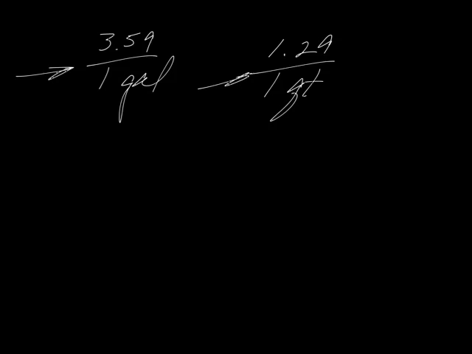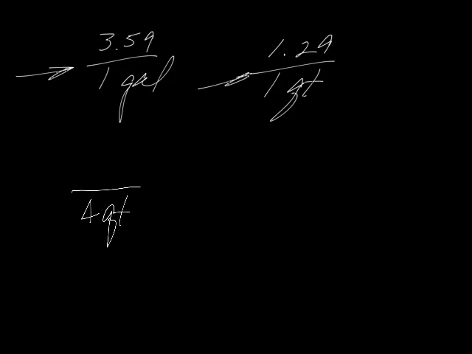So in order to find out the best deal, I'm going to have to do some fiddling around with the numbers that I've got. I'm going to have to change either quarts to gallons or gallons to quarts. For example, I know that there are four quarts to 1 gallon. So I'm going to change this 1 gallon over here to 4 quarts, because that's the same as 1 gallon.